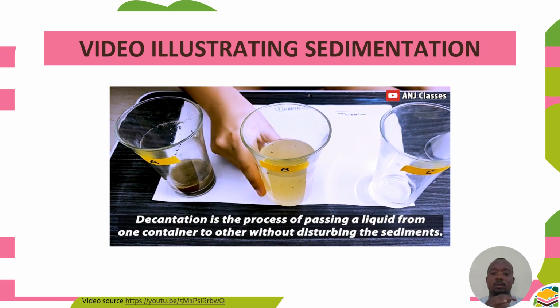Now you can see what we have there. This is the water, and this is the soil particles. What we are doing is decantation, which is the process of passing a liquid from one container to another without disturbing the sediments. What is remaining in cup A is the sediments, that is the soil particles, and here we have water.